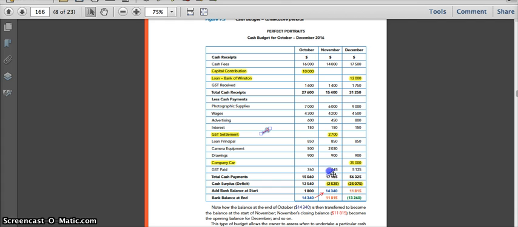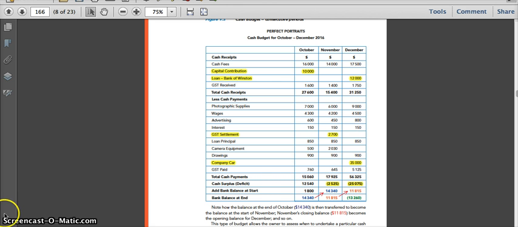That's a reasonably obvious thing to say, because remember, when we're working out our statement of receipts and payments, we have the bank balance at the start plus or minus the surplus or deficit gives us the bank balance at the end. Well, the bank balance at the end of one period is going to end up being the bank balance at the start of the next period. So that's quite straightforward.